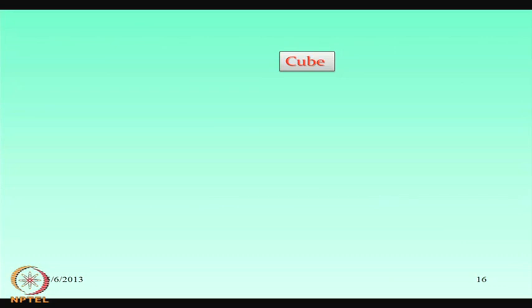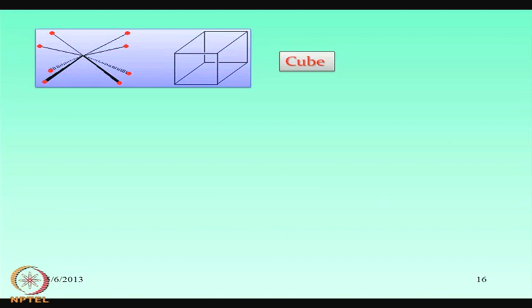Now some examples of the cube structure, how we see it. So, these are the positions. All 8 corner positions are occupied, and we get the corresponding cube geometry. So, this is lanthanum with the BPY O2 ligand, 4 in number, and we get this particular compound in this form.